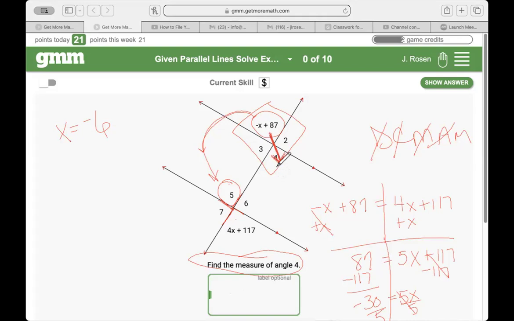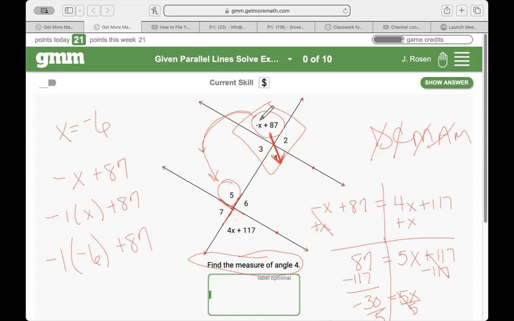So that means that we can take the negative 6 and substitute it into either one of these equations. So I want to talk about the top one. If you're going to substitute into this, be really careful. What this technically means is negative 1 times x plus 87. So when you substitute the negative 6 in here, it's technically negative 1 times the negative 6 that we got for x plus the 87.